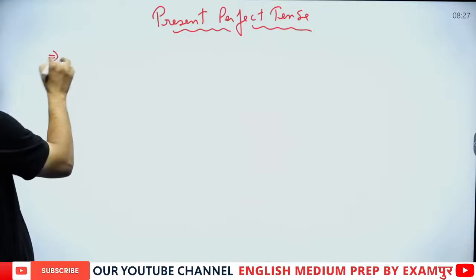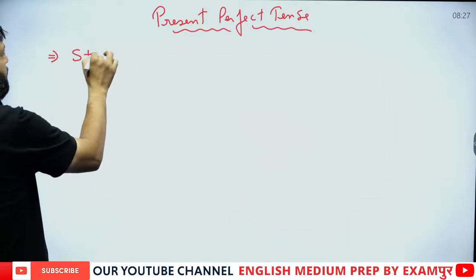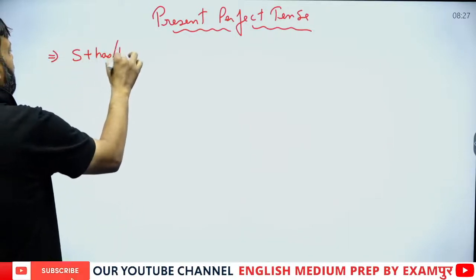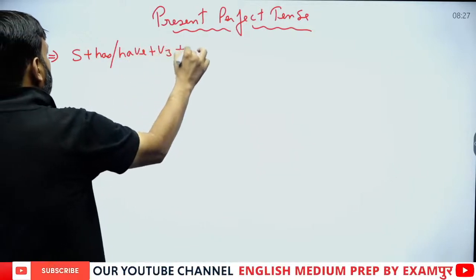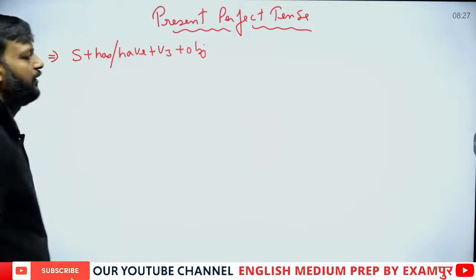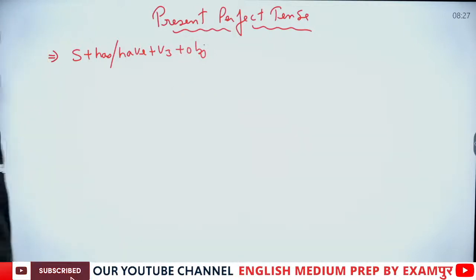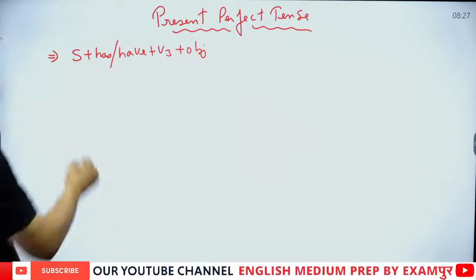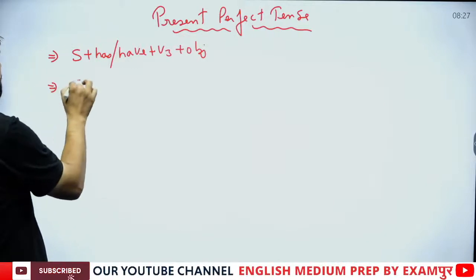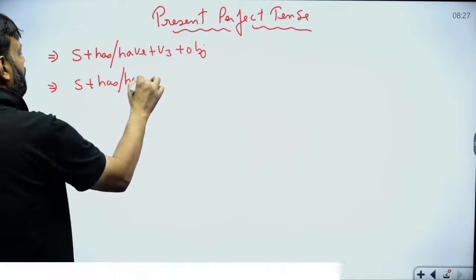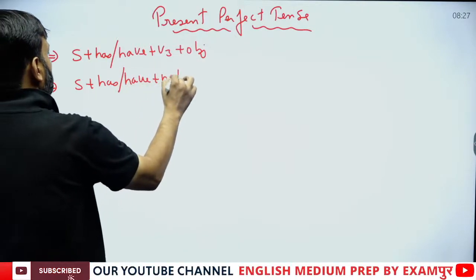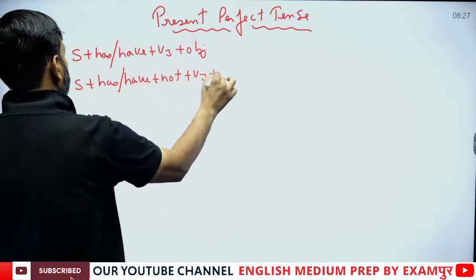The structure of present perfect is subject, has or have, third form of verb and object. This is the positive of present perfect. And if we talk about the negative one, subject, has or have, not, third form of verb and object.